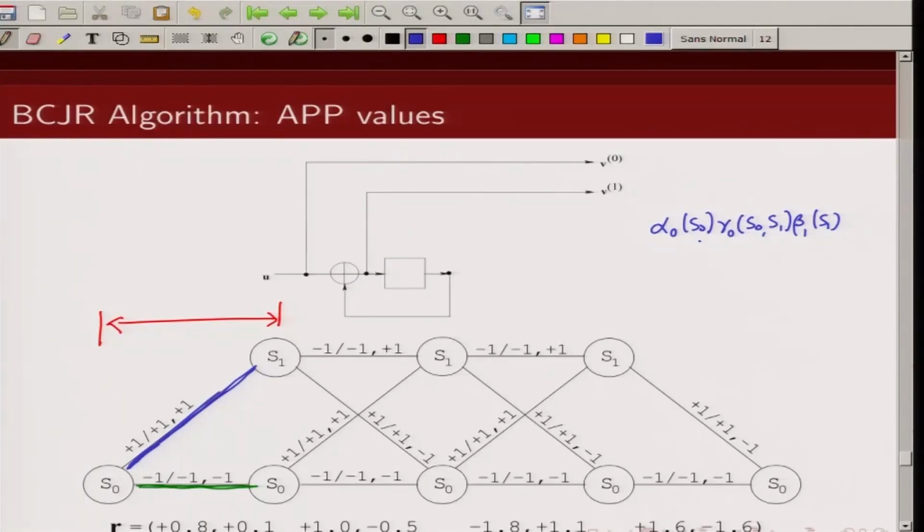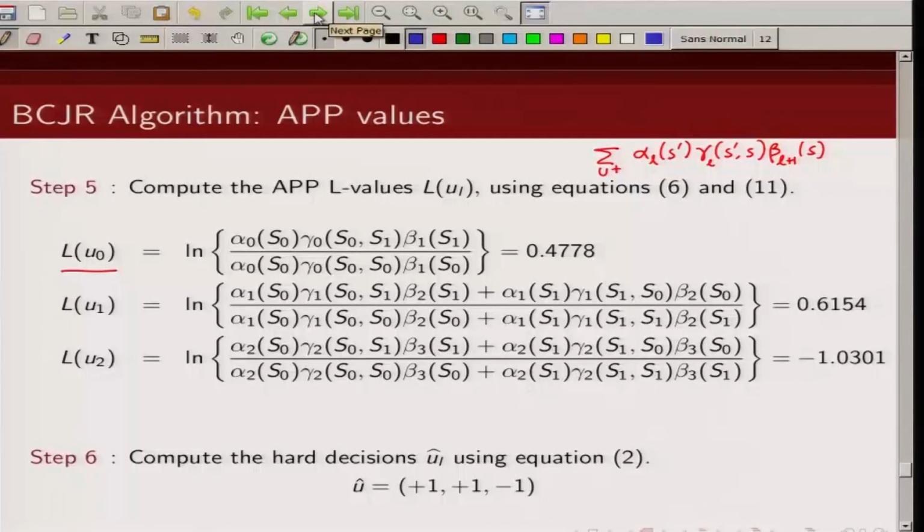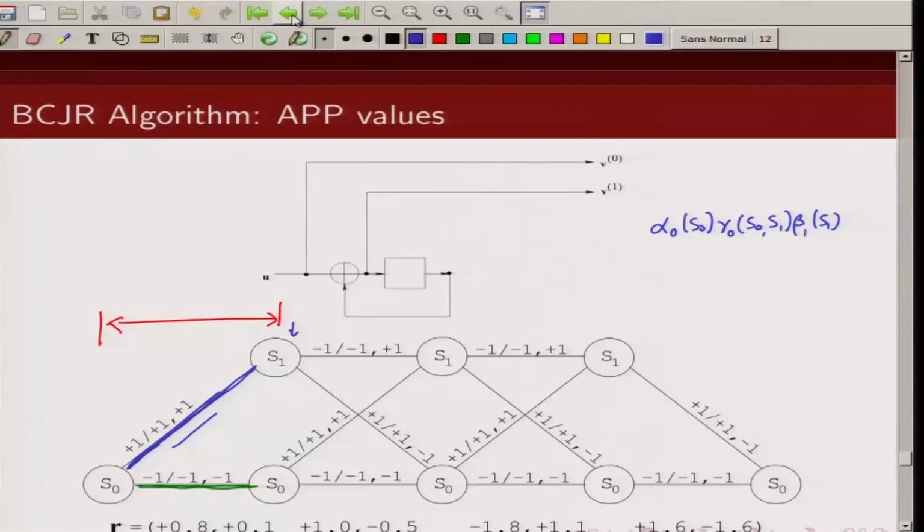So, I have alpha at this state, gamma corresponding to this transition, and beta corresponding to this state. At this time instance, is there any other transition corresponding to UL plus 1? No, there is only one.